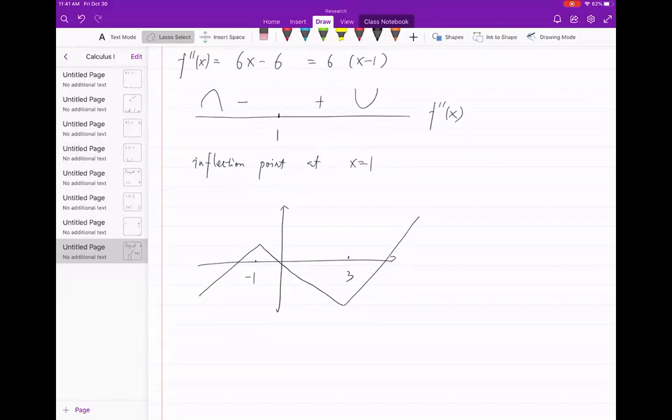Finally, use that information to update the graph we just had at 1. On the left, you should have something concaving down. On the right, you should have something concaving up. Of course, I make it pretty. So let's see if I can do this.